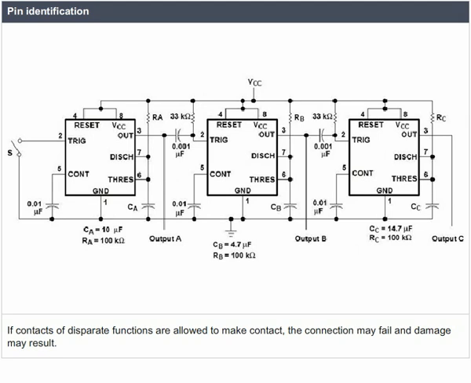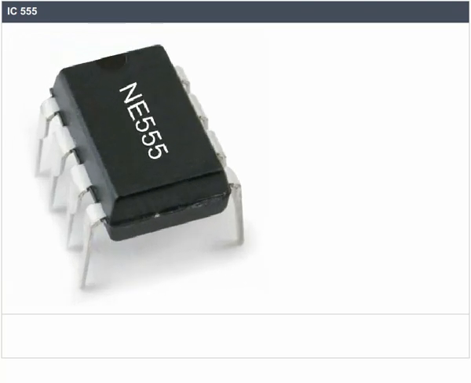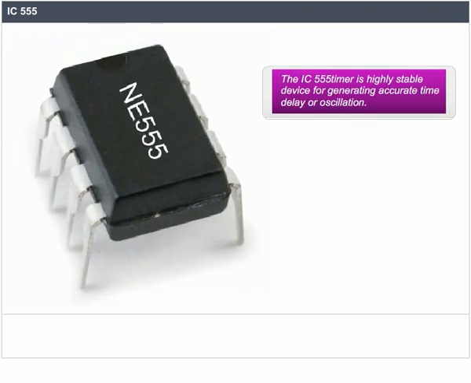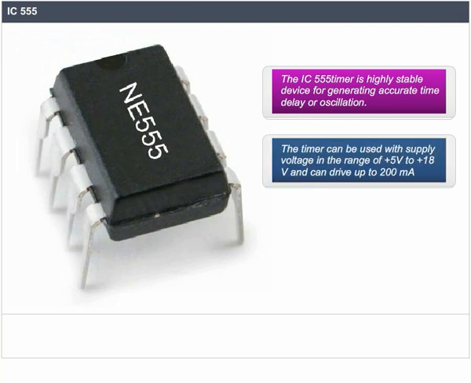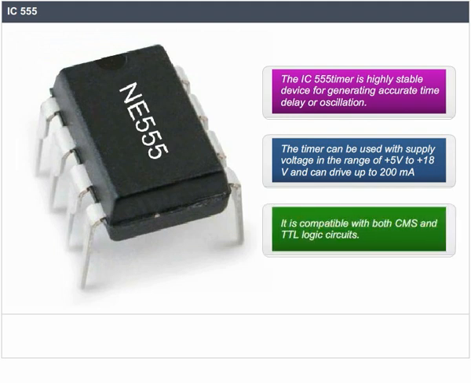IC 555. The IC 555 timer is a highly stable device for generating accurate time delay or oscillation. The timer can be used with a supply voltage in the range of plus 5V to plus 18V and can drive up to 200 mA. It is compatible with both CMOS and TTL logic circuits.